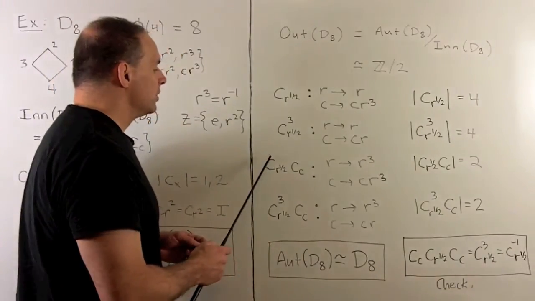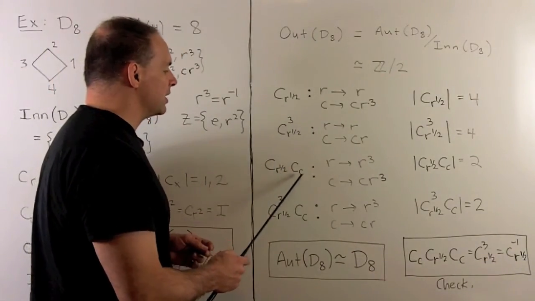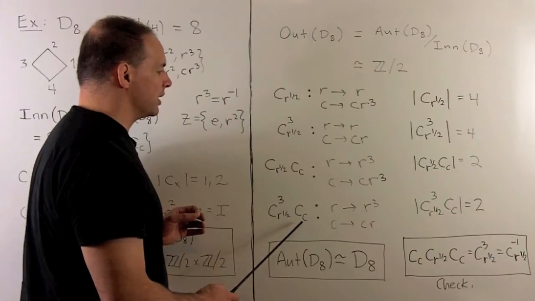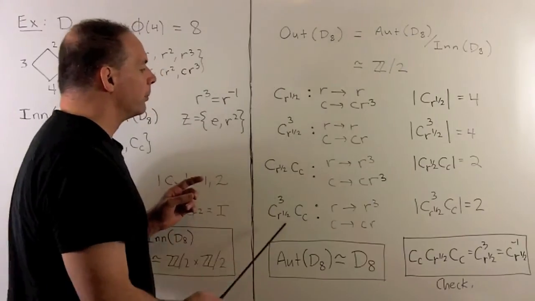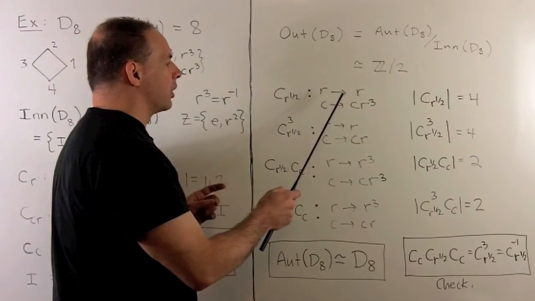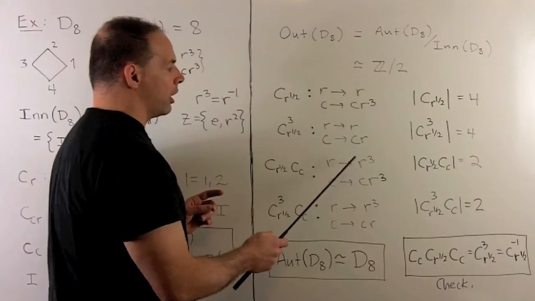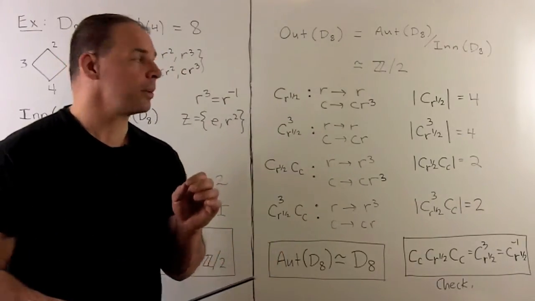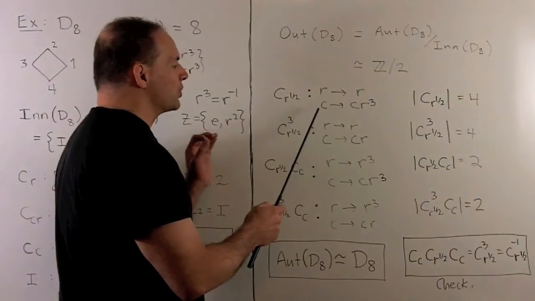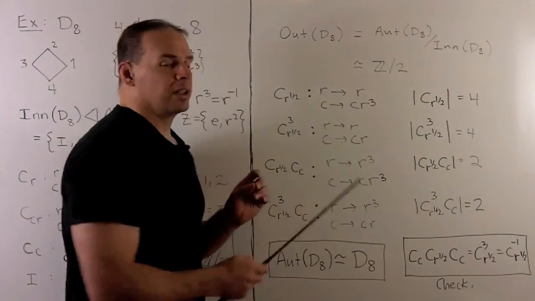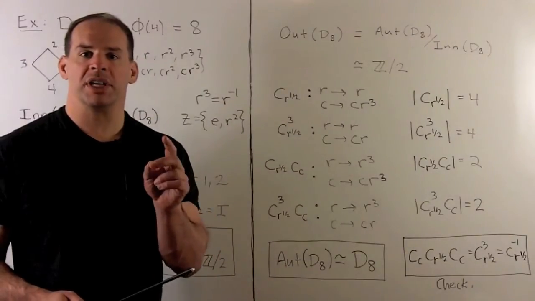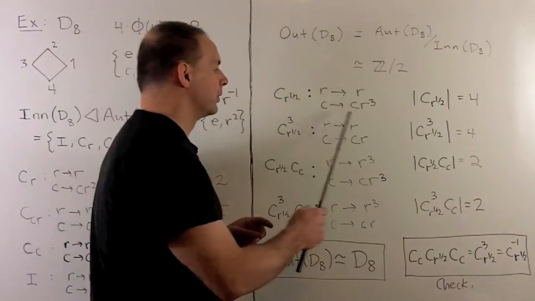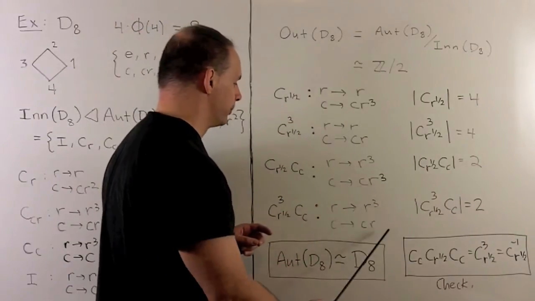Then we have C sub R to the 1/2 C sub C, and C sub R to the 1/2 cubed C sub C. We note here, R goes to either R or R inverse. Okay, that's a coincidence because we're using n equals 4. The main thing is we're sending reflections that fix 2 opposing vertices to reflections that fix 2 opposing edges. So we have this interchange.